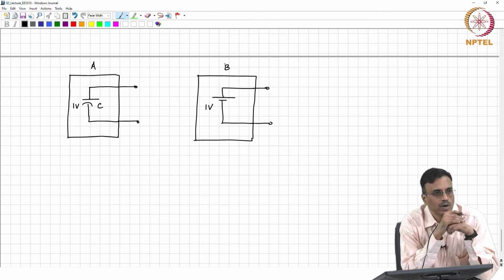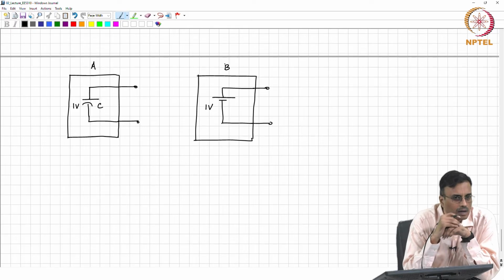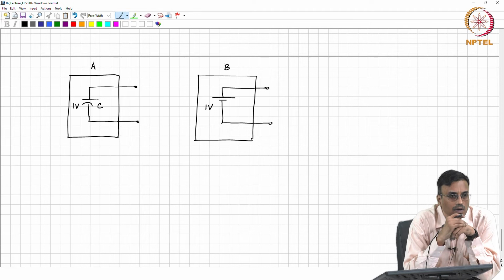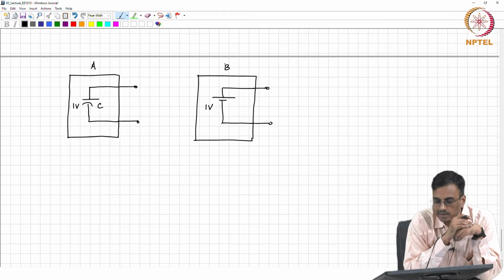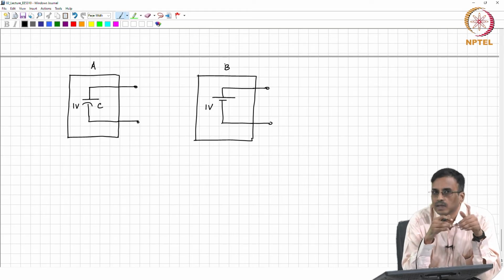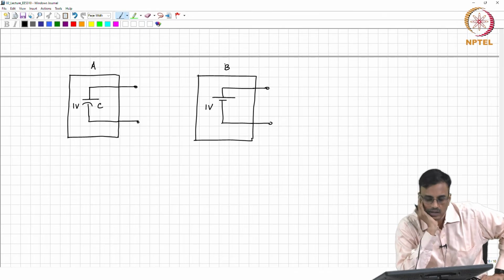How will you figure out which one contains the capacitor and which one contains the battery? Okay, you connect a load and what happens? Yeah. So the idea is that if you connect a resistor across both the boxes, then in one the voltage will decrease, in the other the voltage will remain the same.